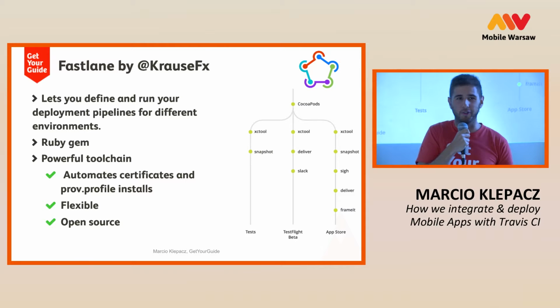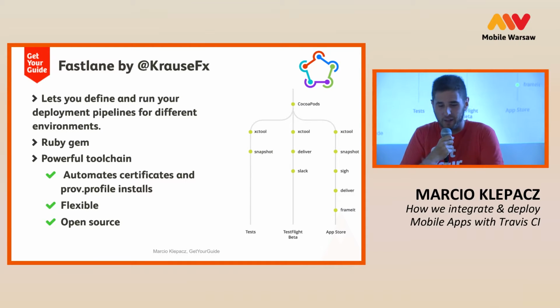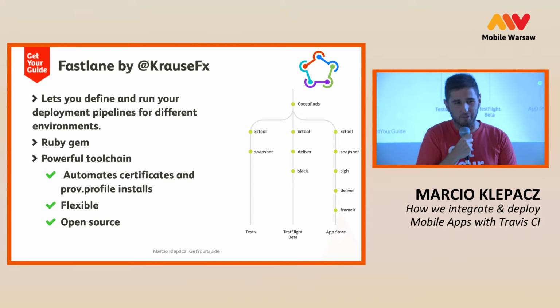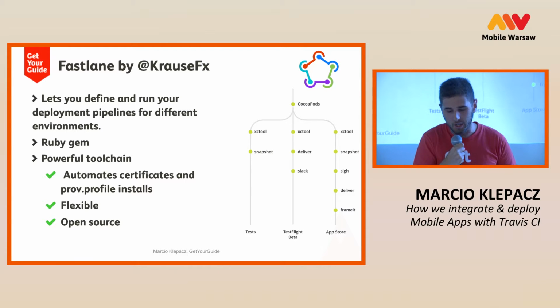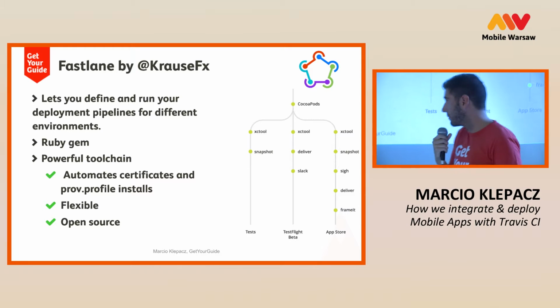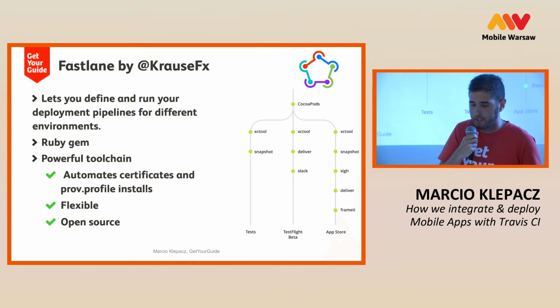How many of you heard about Fastlane before? Yeah, Fastlane, it's amazing. Fastlane is a whole environment, a framework, a library, that offers you everything you need for CI. For example, it allows you to define a lane, let's say to App Store, where I just define the actions.